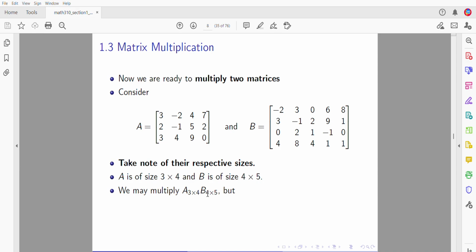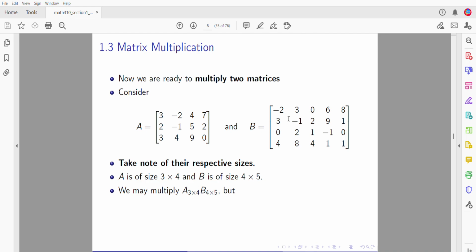You want these numbers to match, the middle numbers. What do the middle numbers represent? This 4 represents the number of columns of A. This 4 represents the number of rows of B. So the number of columns of the first matrix must match the number of rows of the second matrix.